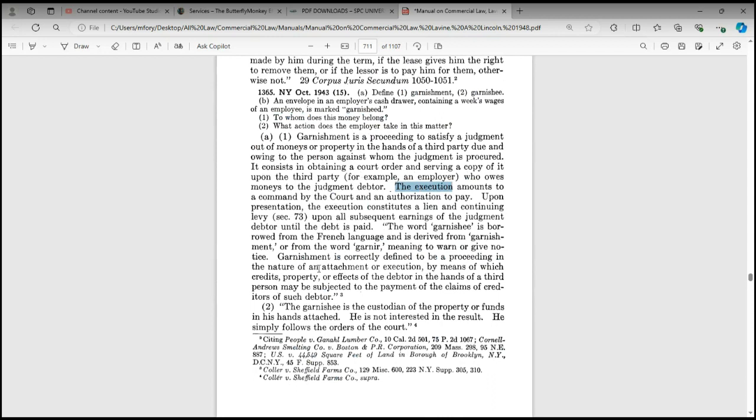And that's the thing. This is what you would want to study: attachments, executions, and liens, dealing specifically with garnishments. Understand how you get out of this attachment, how you get out of this execution, since that's what they're using, a court order to put a levy on something you haven't received yet.